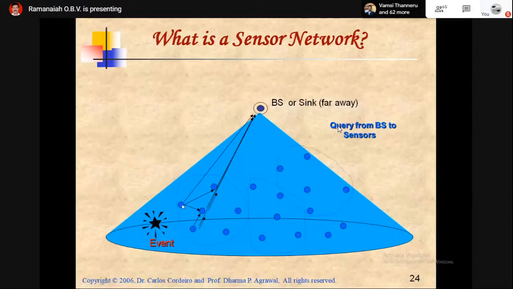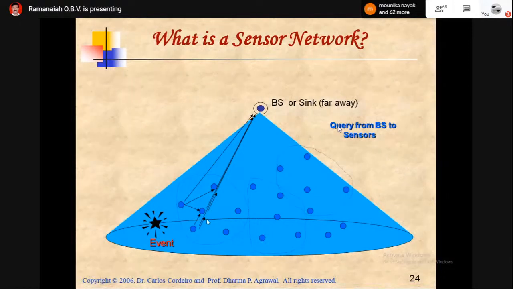You can see this node is directly sending the data to the base station. This node is forwarding with the help of the other nodes from here to here, here to here, and from here to here. And this data is also taken with the help of the other node. It can either send directly or with the help of other nodes, it can forward it.